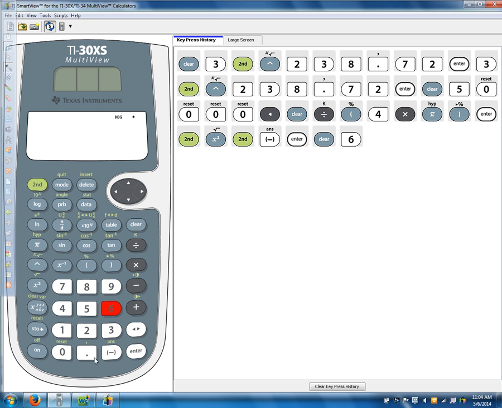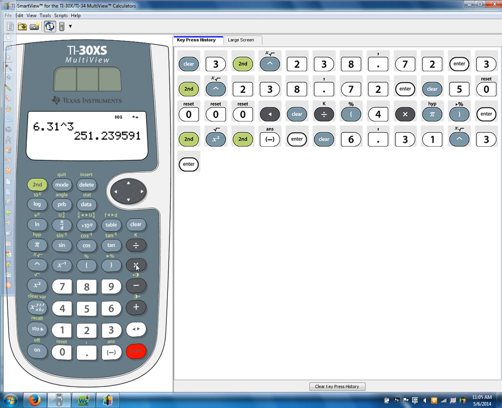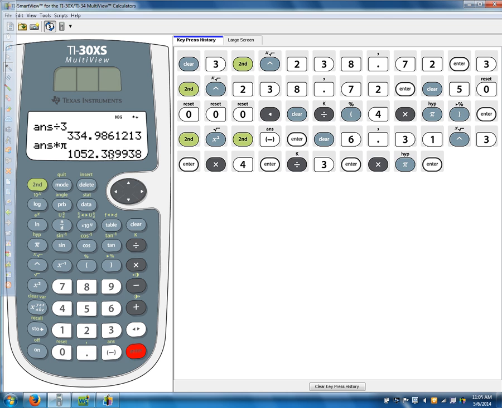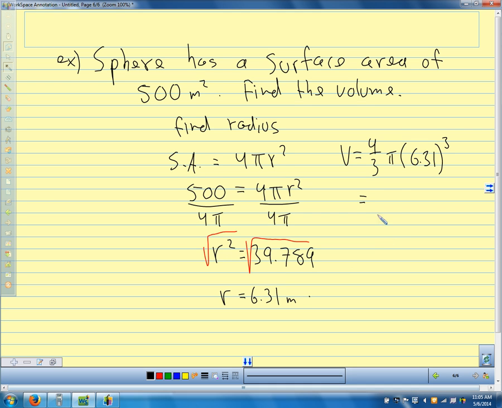I'm going to do 6.31, cube that, multiply it by 4, divide by 3, and multiply by pi. And I get 1,052.4. And my units would be cubic meters.